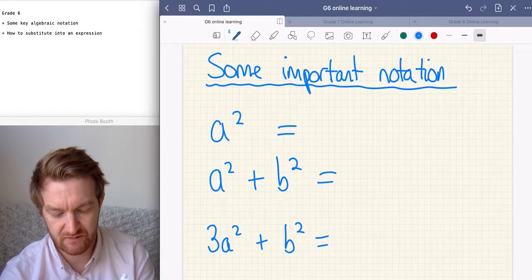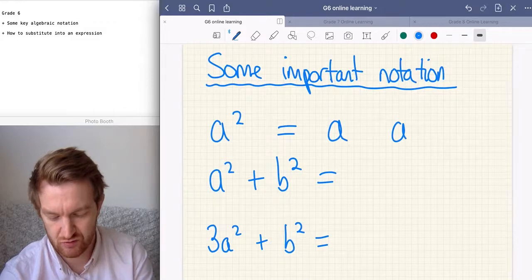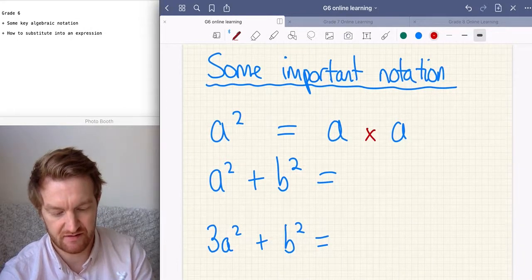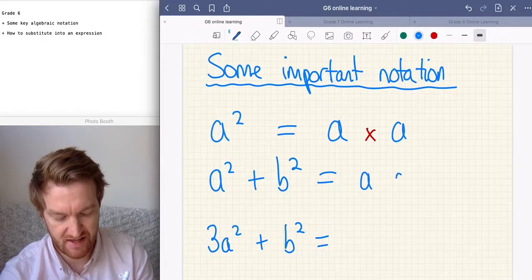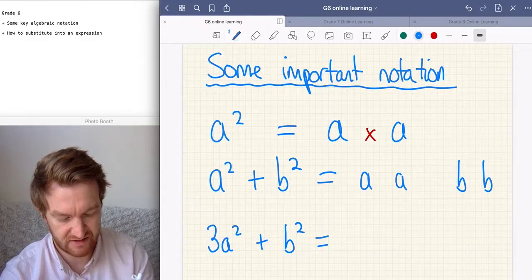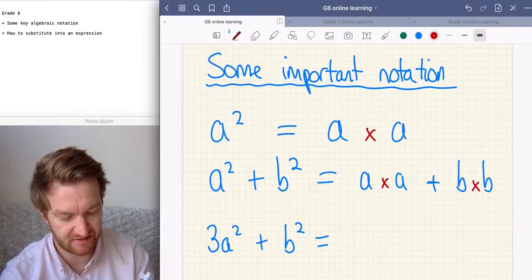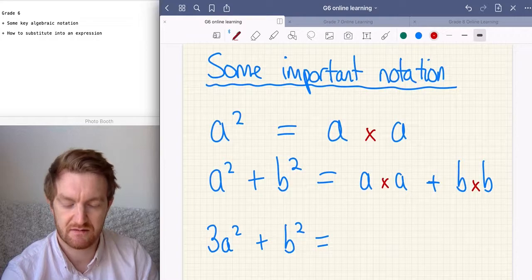Similarly, when we've got A squared, it means you've got A twice, and we are multiplying them together. Here, this means you've got A twice, you've got B twice, we're adding them together, but the A's are being multiplied with the A's and the B's with the B's.